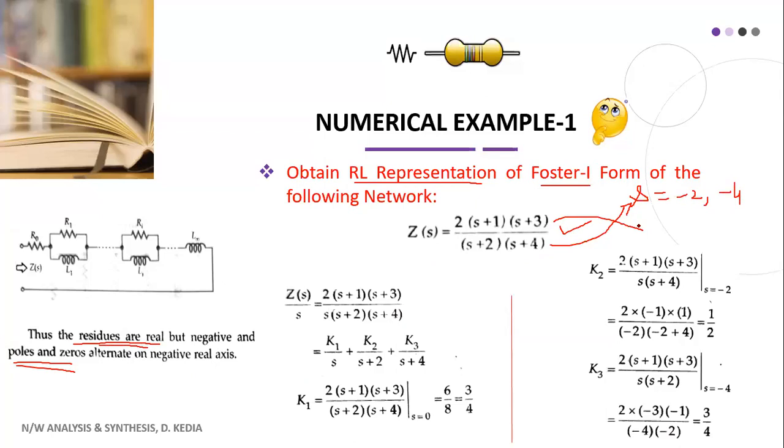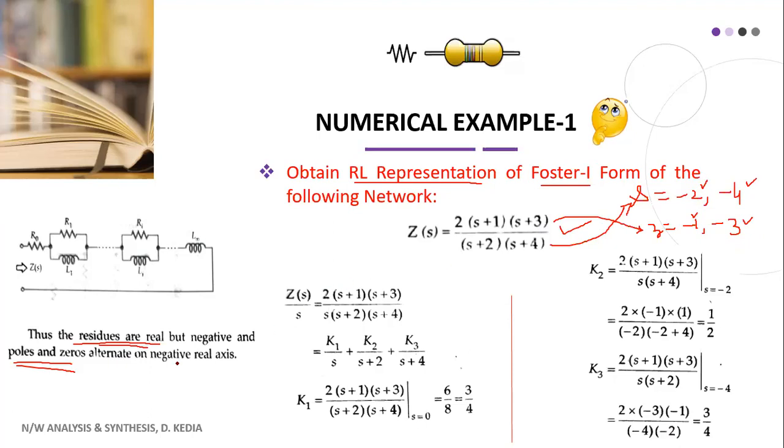And what are the zeros? Those are your -1 and -3. So one thing is, all poles and zeros, they are negative and they are real. Second point is they are alternating. Like -1 is a zero, -2 is a pole, -3 is a zero, -4 is a pole. So they are alternating.